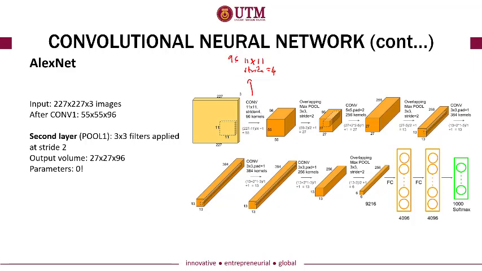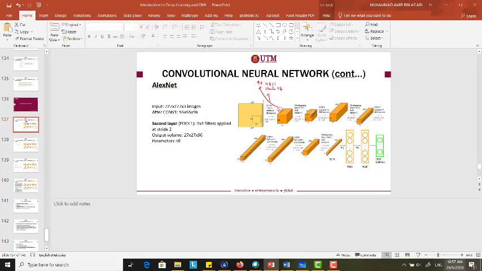So with 96 filters of 11 times 11 with stride equal to 4, of course you will produce the depth equal to 96, because the number of filters equals 96. But how can you compute 55 and 55? Can you try to estimate that? How can you produce that 55 times 55 according to this AlexNet architecture?